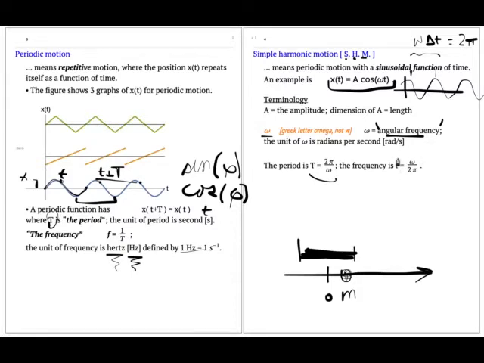Frequency has units of 1 over seconds, hertz. Omega has units of radians per second. And 2 pi here means 2 pi radians, one complete cycle. So the radians cancel. Omega over 2 pi has units of hertz.